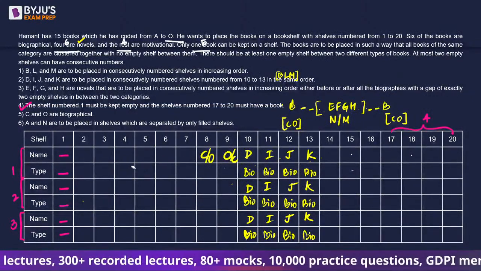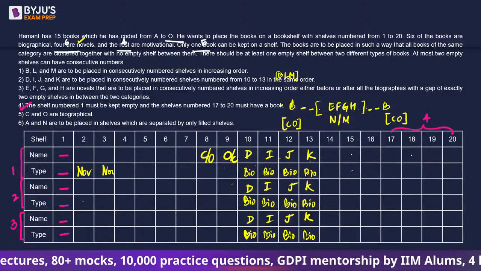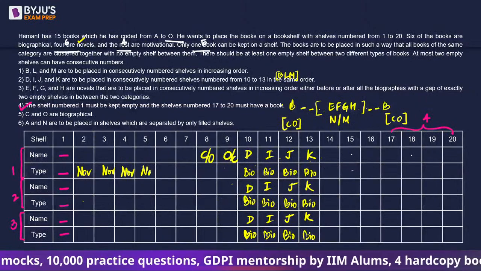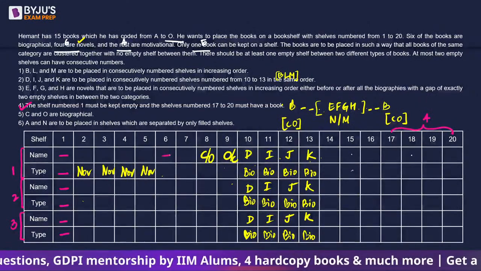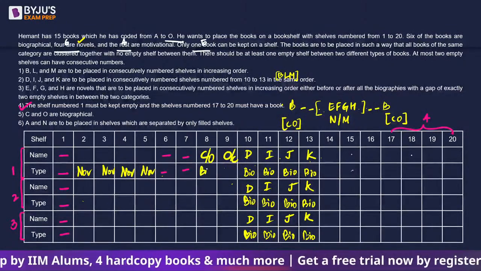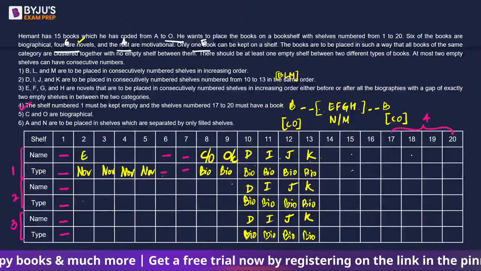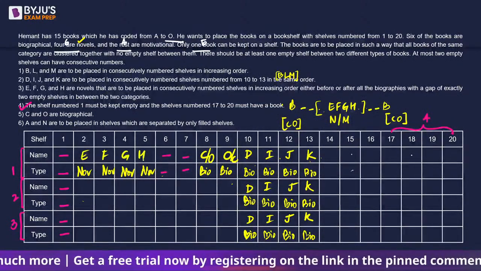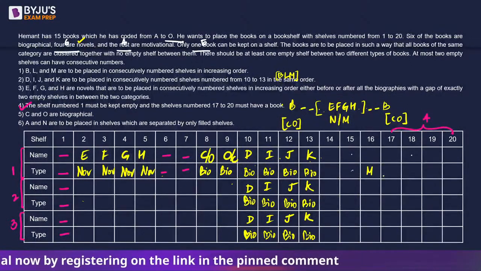Chalo. So let's write down this case. So these are novels, 4 of them. There are 2 blank spaces between them. These 2 turn out to be biography. And these novels are going to be obviously EFGH. That means the last 4 and the 5th one, they are going to be motivational books.